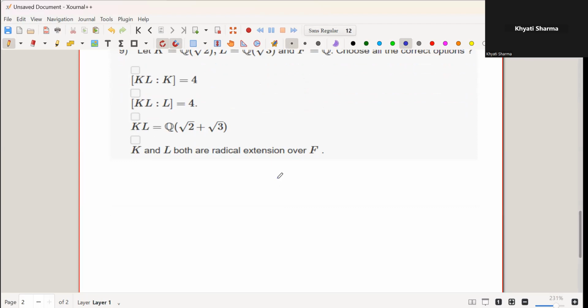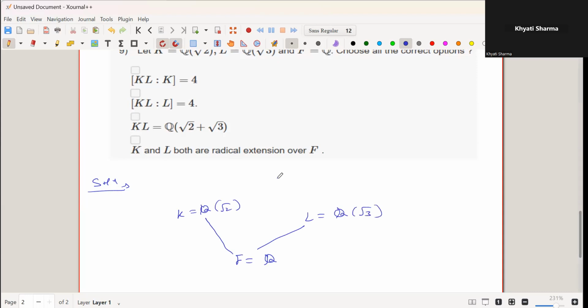And the fourth one is that K and L are both radical extensions over F. I have already defined what a radical extension is, so I will recall it when we come to option 4. But let's first consider the tower of fields. F is the base field, that is Q. Then you have K here, which is Q adjoin root 2, and here you have L, Q adjoin root 3.